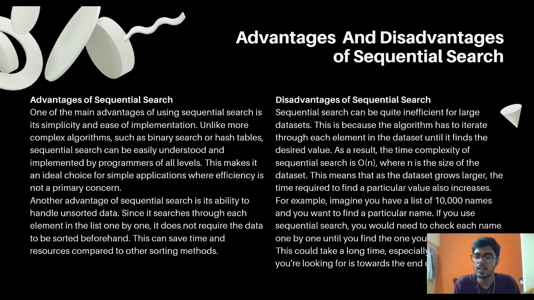This means that as the dataset grows larger, the time required to find a particular value also increases. For example, imagine you have a list of 100 names and you need to find a particular name. If you use sequential search, you would need to check each name one by one until you find the one you're looking for. This could take a long time, especially if the name you're looking for is towards the end of the list.